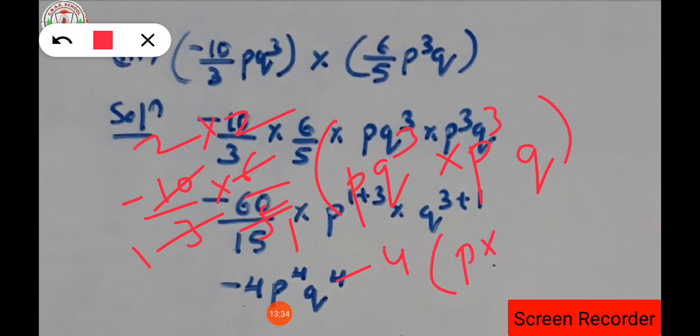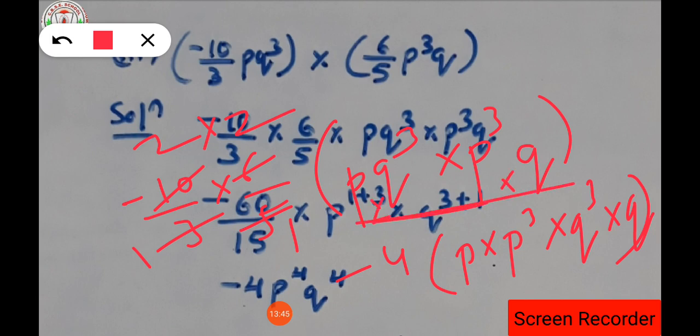Now p into p cube into q cube into q. Why are we writing like this? Because in front of these numbers, only the multiplication sign is there. When two alphabets are written together, that means both the alphabets are attached with the multiplication sign. So we are arranging that and applying the laws of exponent.